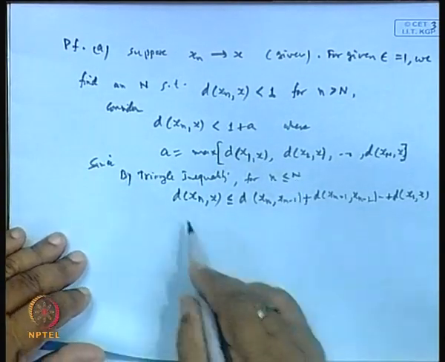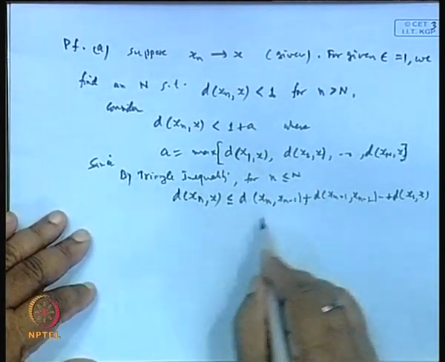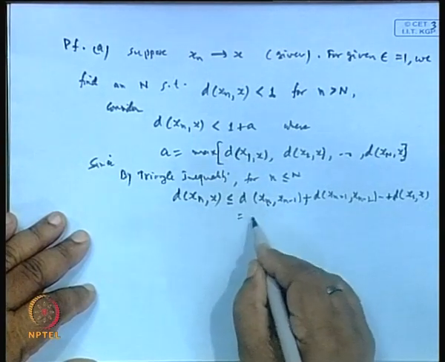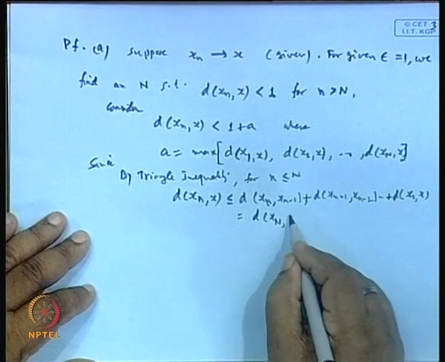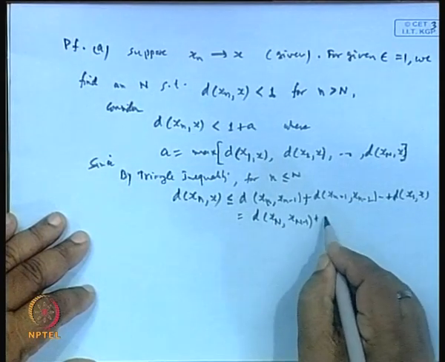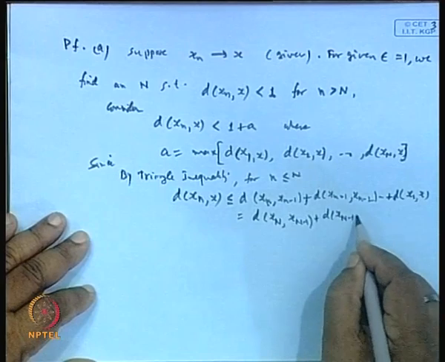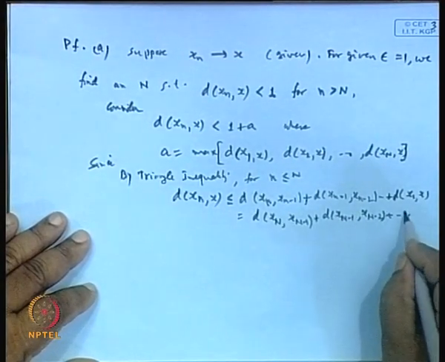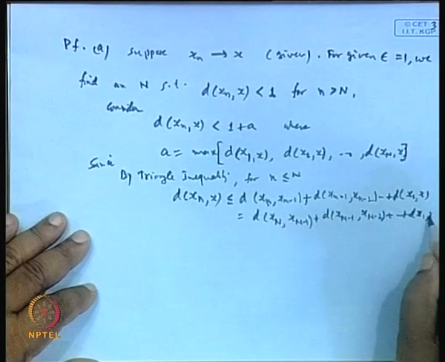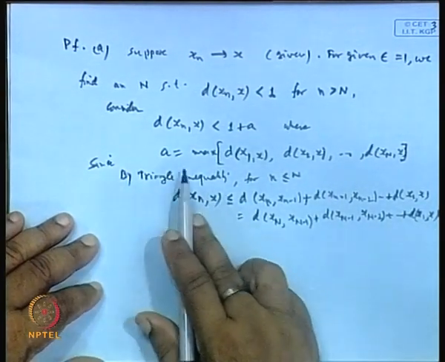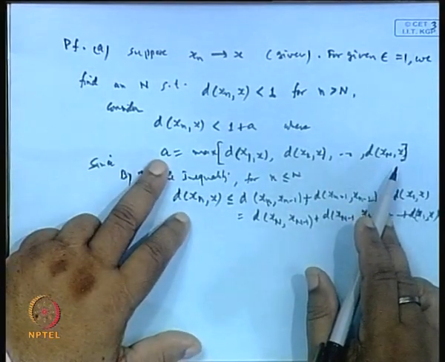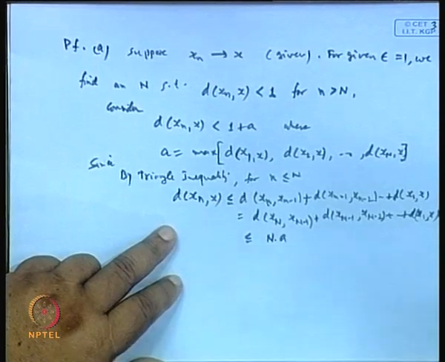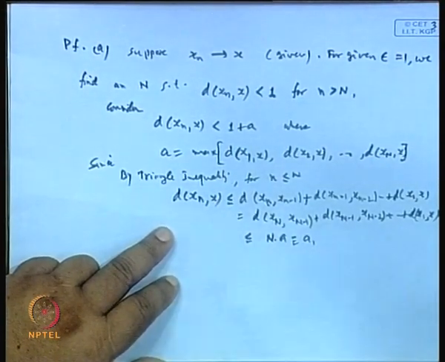Here, when n is there, we can write this as capital N also. Now, the maximum value of this, say a, then we can write this is less than or equal to some N times a. So, let it be another constant, say a_1.